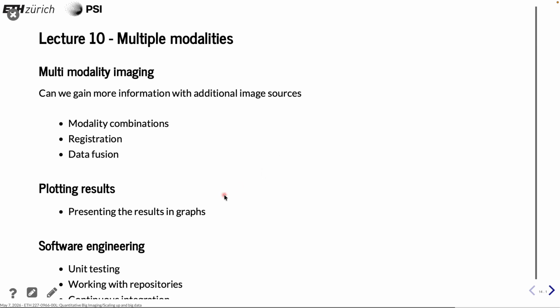I also went into some software engineering. Important points were that unit testing can help you to be sure that your code is doing what it's supposed to, and repositories are really a good idea to work with. If you go really advanced, you can also go into continuous integration, which is barely visible on this slide.